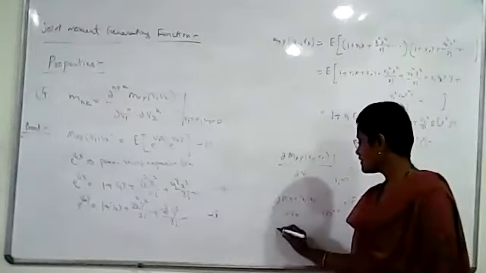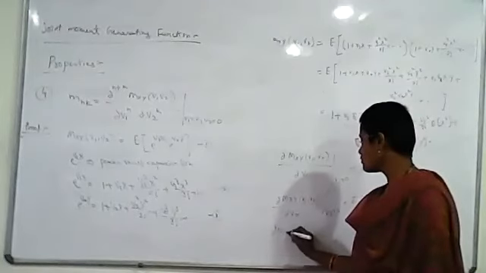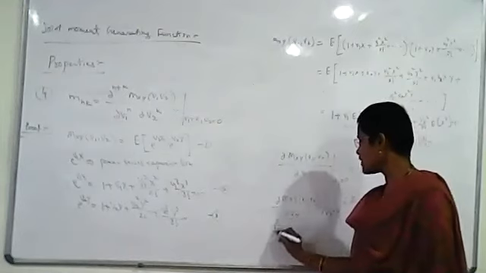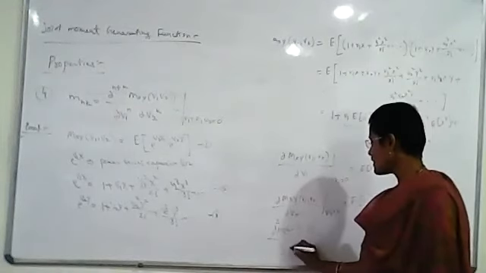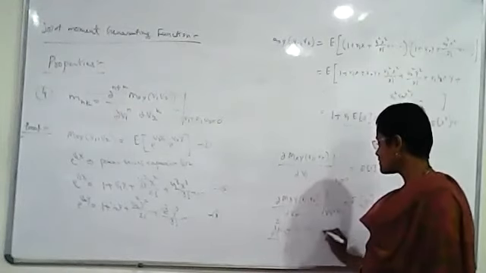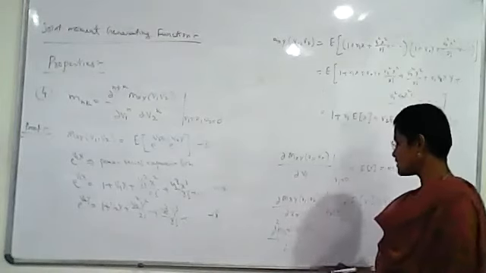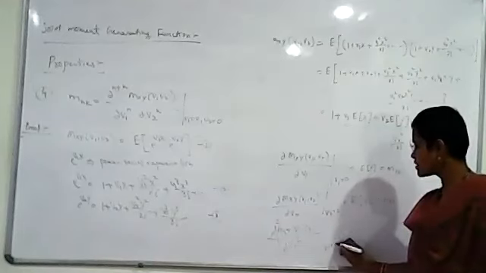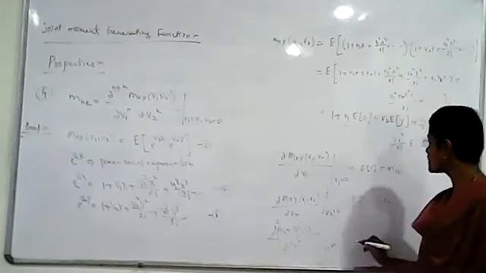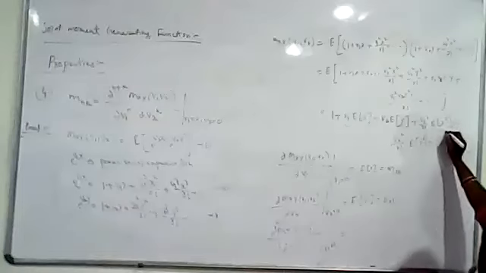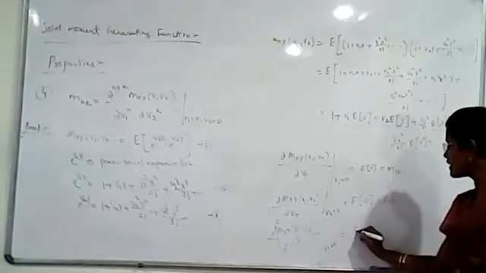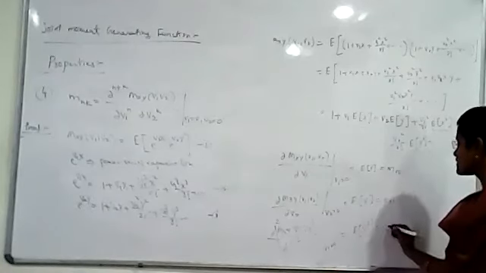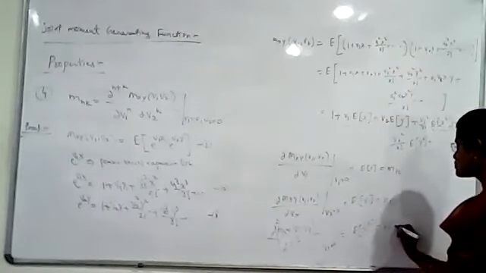Similarly, if we do partial differentiation two times with respect to v1 and substitute v1 equal to 0, we will have the expected value of x square, which is m20.